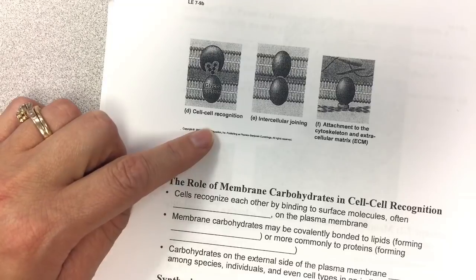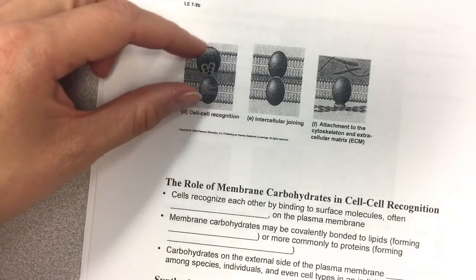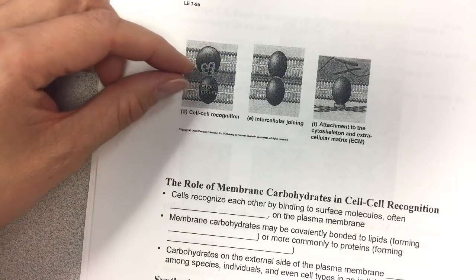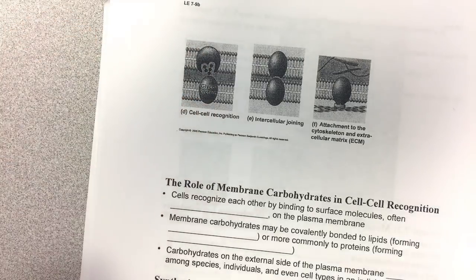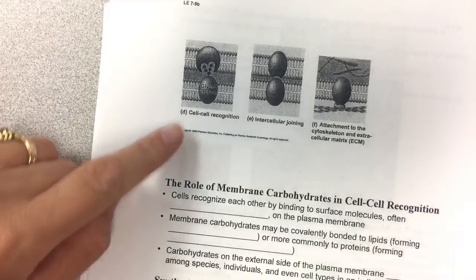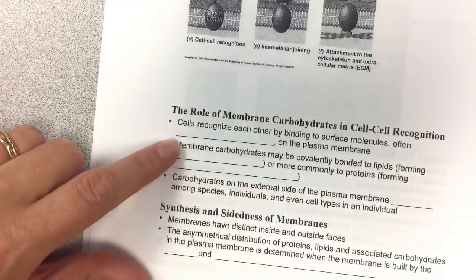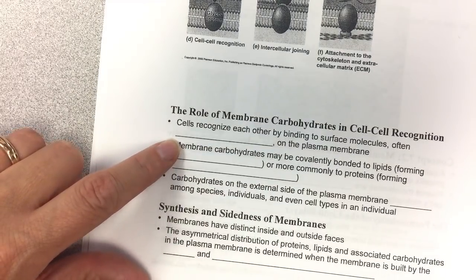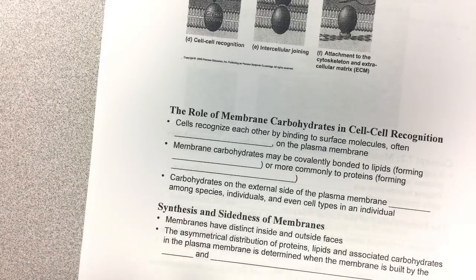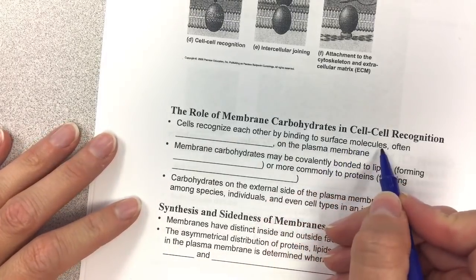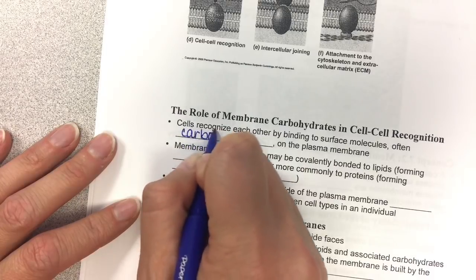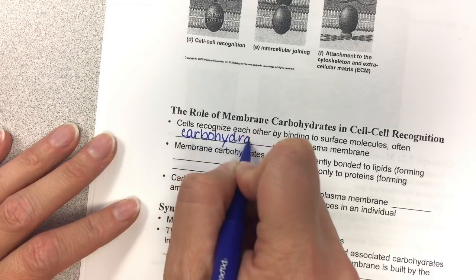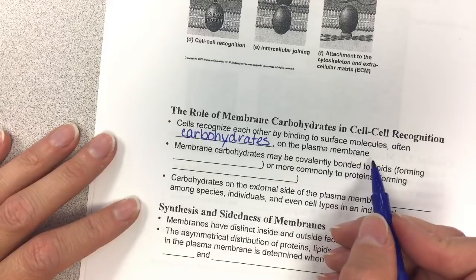Cell-to-cell recognition is next. So cells that are adjacent to each other can bond together and therefore recognize one another. And let's actually talk about that down here. Cells recognize each other by binding to surface molecules, often carbohydrates, on the plasma membrane.